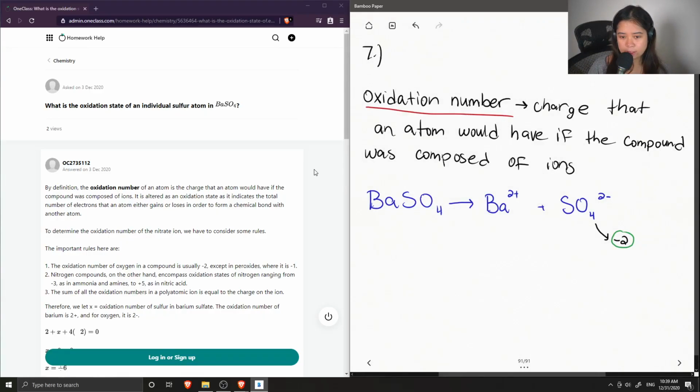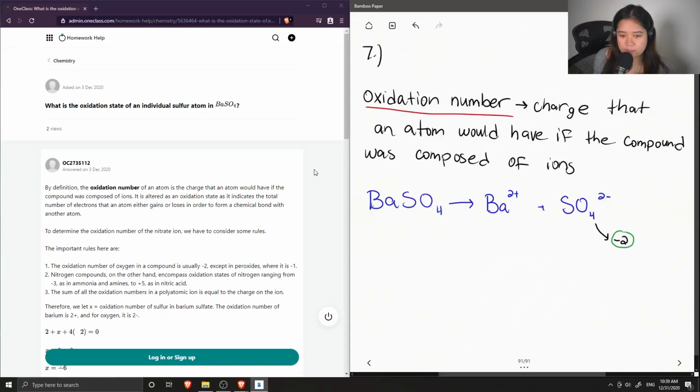So notice that there are 4 oxygen atoms. Each oxygen atom contributes the -2 charge, and we have 4 of them, so it has a total of -8.